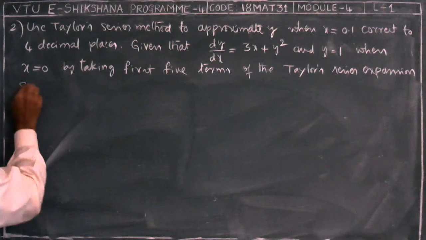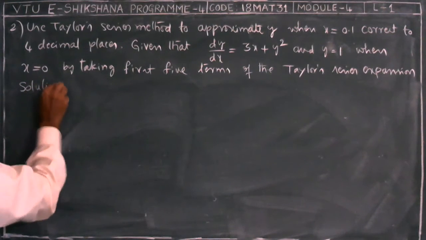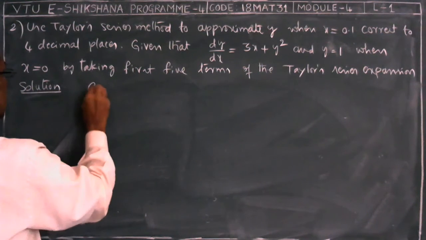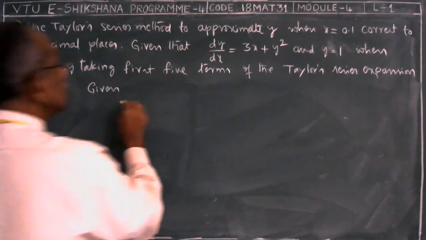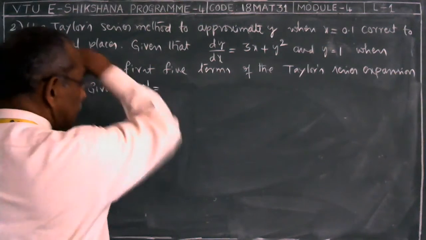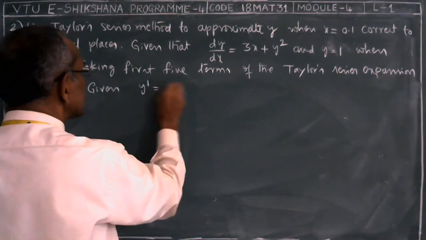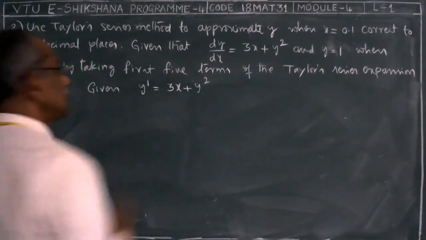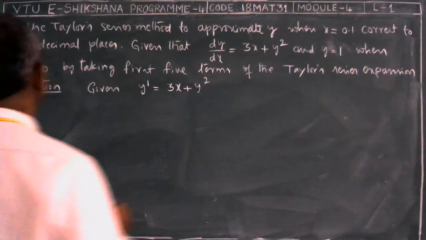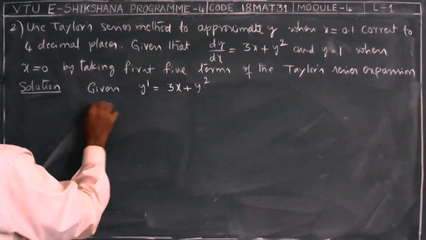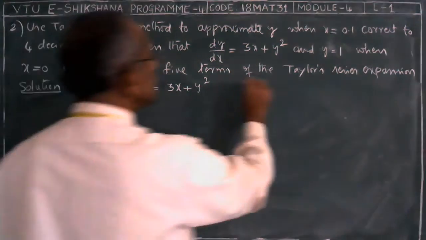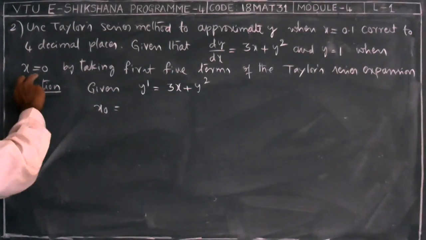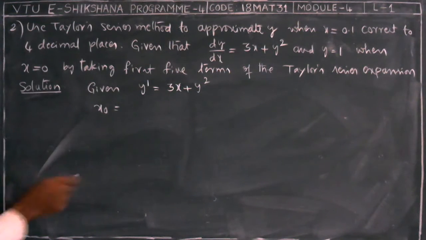So, in the solution part, given y dash is equal to 3x plus y square, and y is equal to 1 when x is equal to 0.